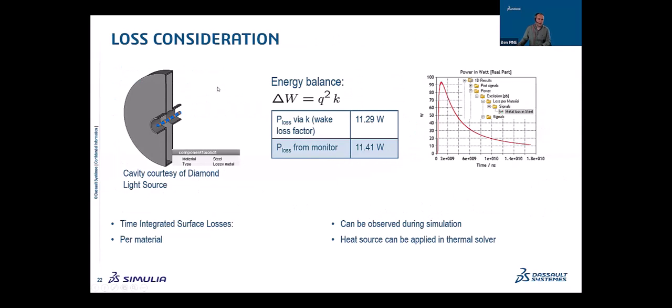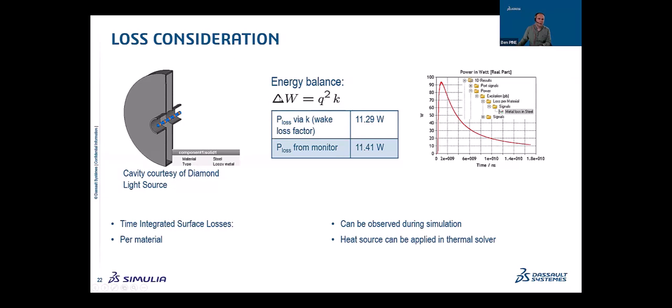This is important. The wake field can lead to beam loss. For example, here is a cavity design from Diamond Light Source, an electron storage ring. What they were really interested in looking at was the time integrated surface losses and the material effects on these. They had a power loss calculated analytically via something called the wake loss factor.